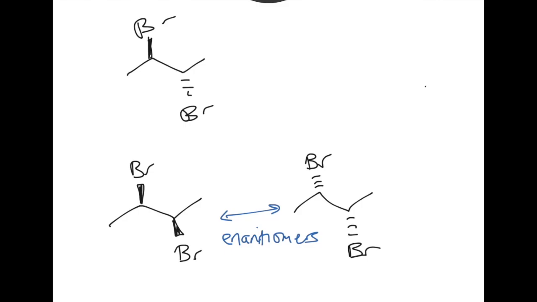So if we did the same thing, if we tried to line up the carbons to see if there was a plane of symmetry, so let's say we turn around this group right here, that carbon, now one bromine's forward, one bromine's back. They don't line up, so you know there's no plane of symmetry in this molecule, so it can't be meso.